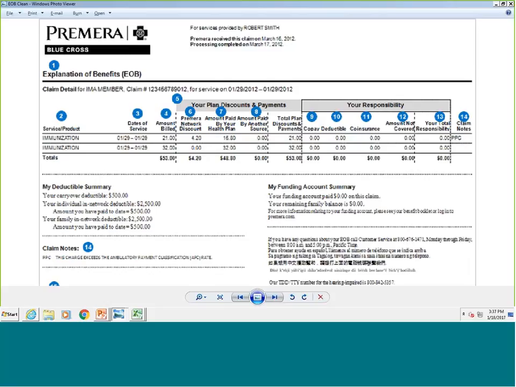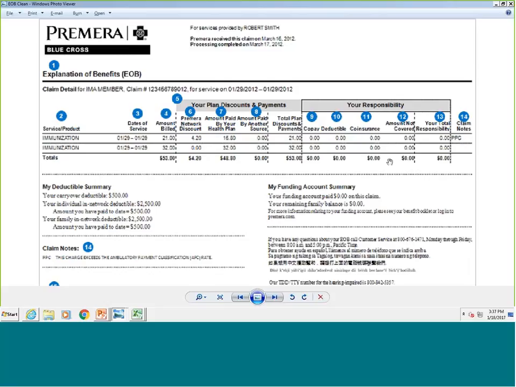Here's the total discount amount. I want you to notice the area that says your responsibility, number 9, 10, 11, 12, 13. There may be a copay, depending if it was an HMO or not, or deductible, if it was a PPO, or coinsurance, if it's POS.